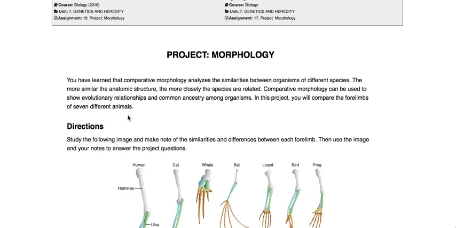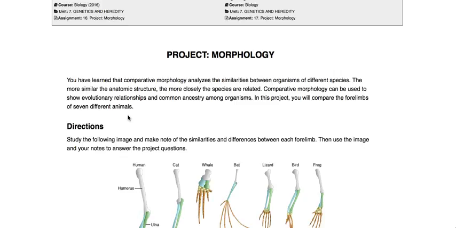Comparative morphology as a science can be used to show relationships and common ancestry among organisms. So the goal of this project is for you to look at some samples of anatomical diagrams of organisms and compare them to determine if there is a similarity.